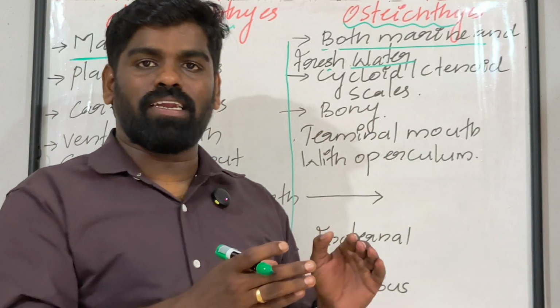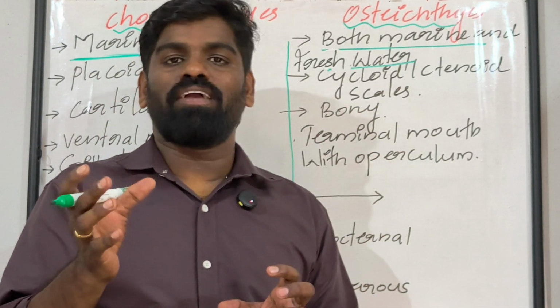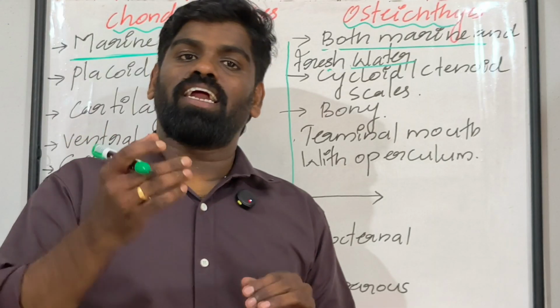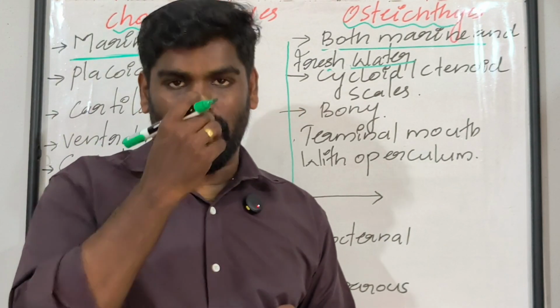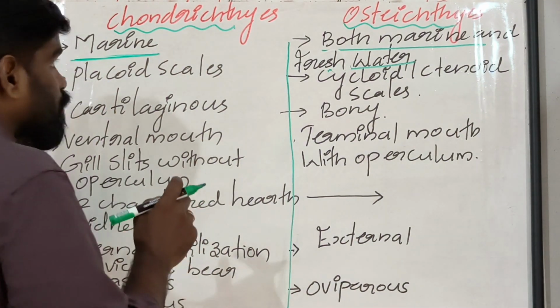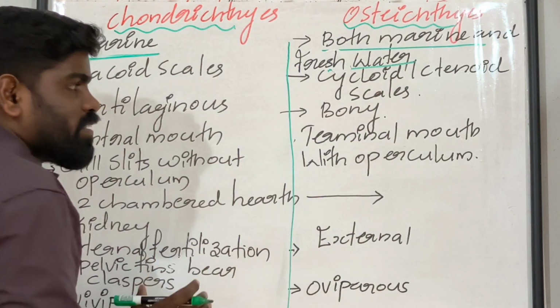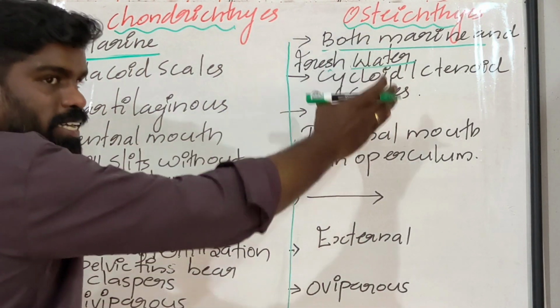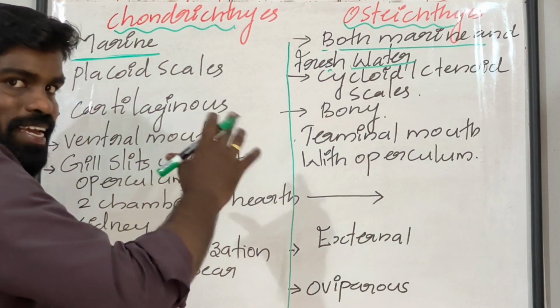If we study separately, we will forget, because in the NEET examination they always ask questions related to characters or related to the examples. Okay, so keep in your mind. So here also we are moving on to the characteristics of Chondrichthyes and Osteichthyes. I have mentioned the characters here, so we can have a comparison and study.